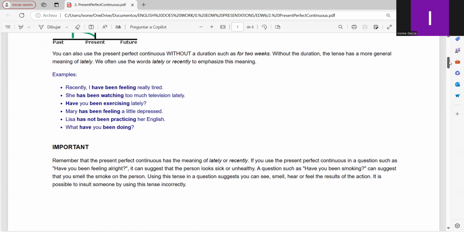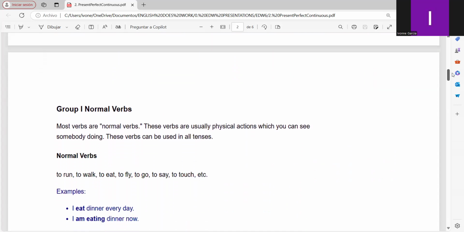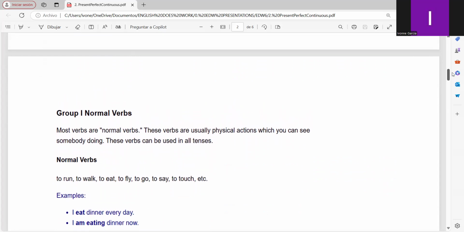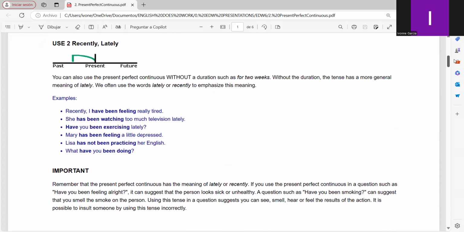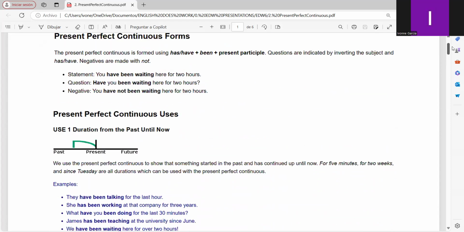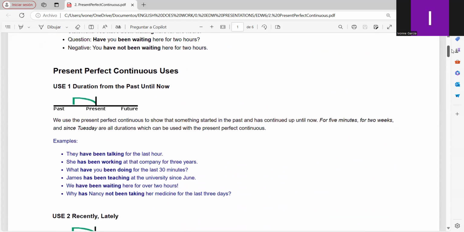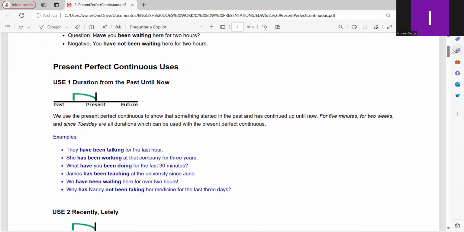Okay, let's continue. I put here some group verbs because it is important to notice this. We use the present perfect continuous with most of the verbs, but remember that we have a group of verbs which cannot be used in the continuous form.